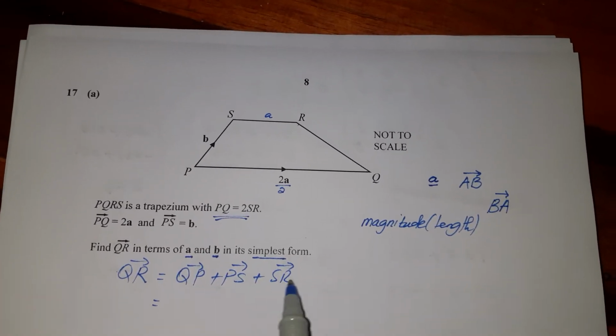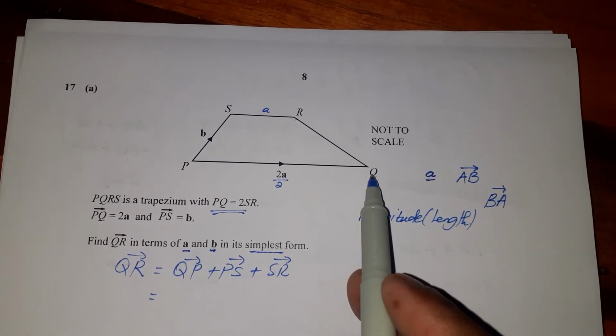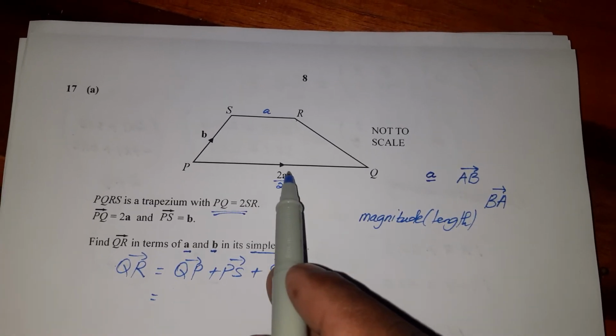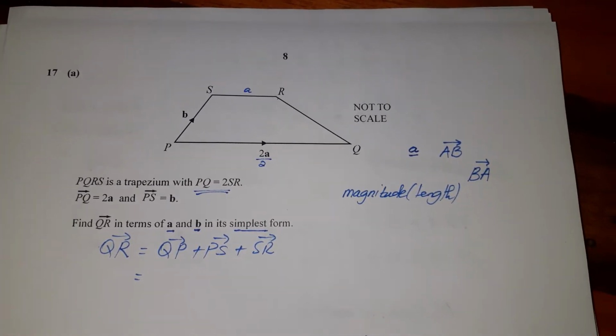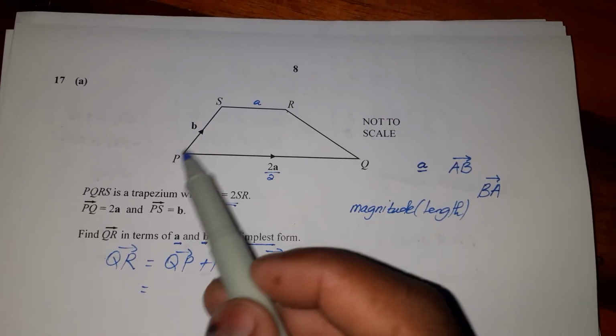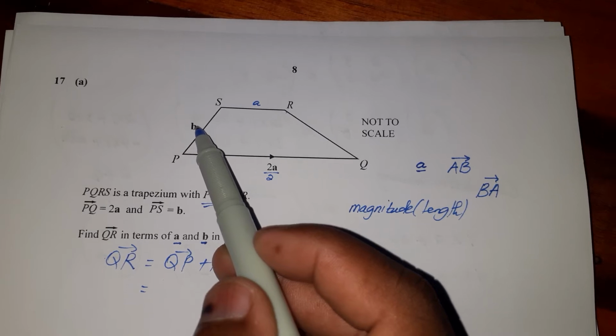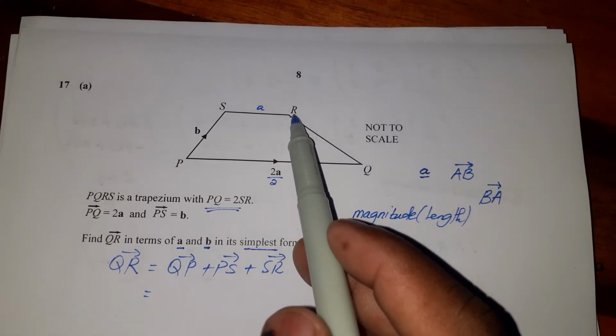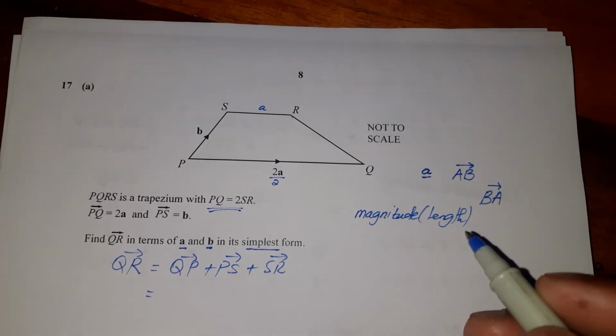Now before we solve, we know moving from Q to P, the magnitude is 2A. P to S, the magnitude is B. S to R, I showed that already.